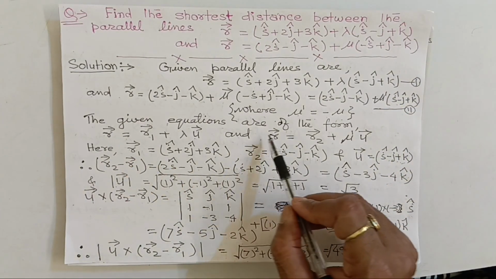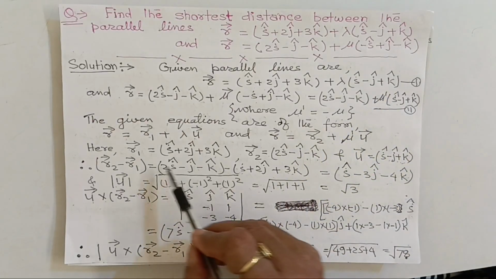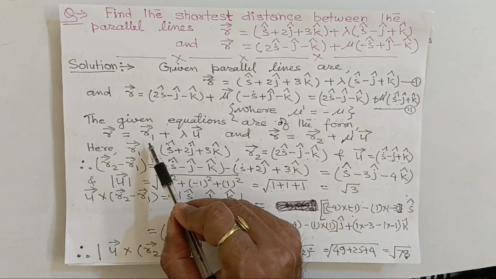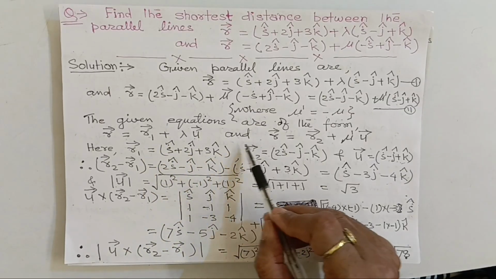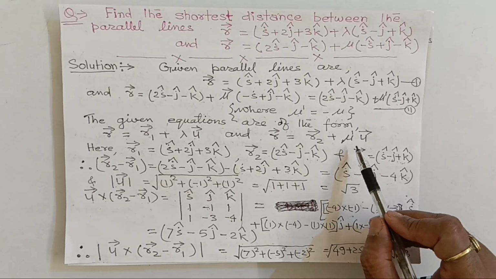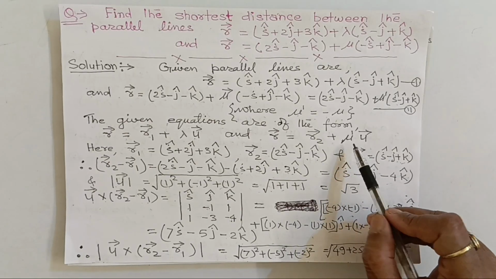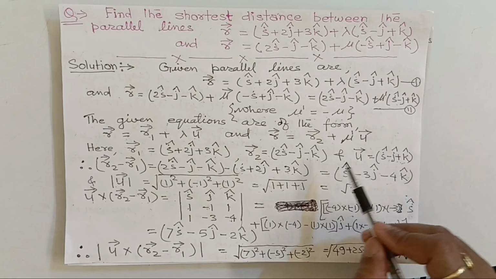These two equations are of the form vector r = vector r1 + lambda u, and vector r = vector r2 + mu dash u.